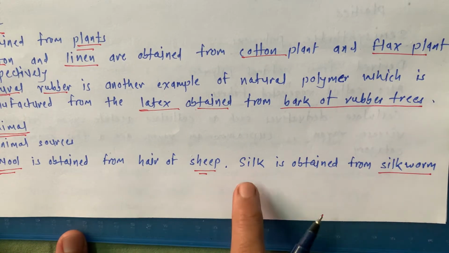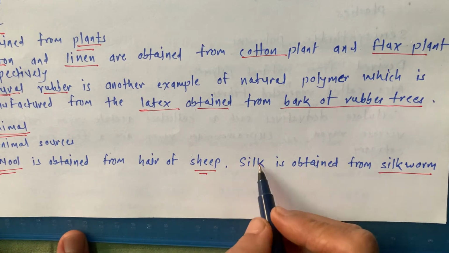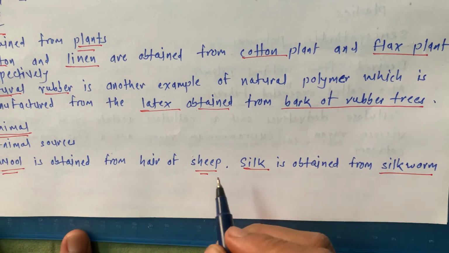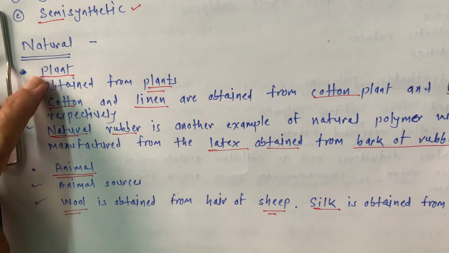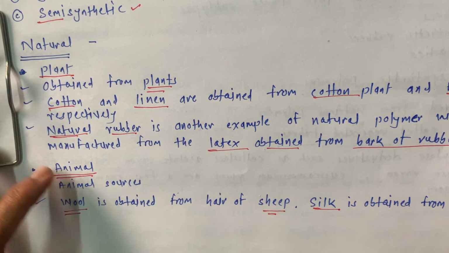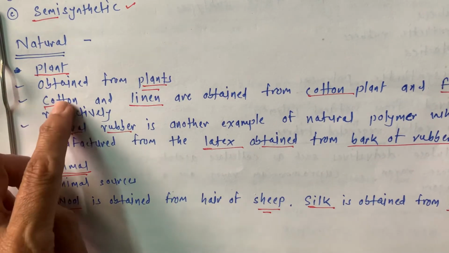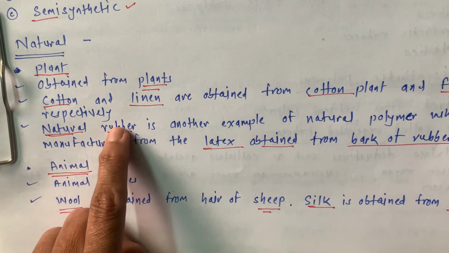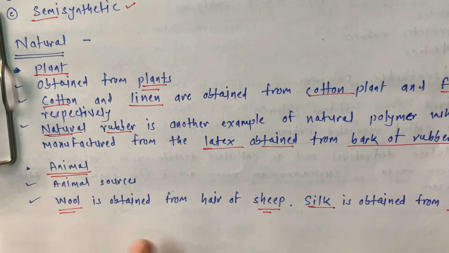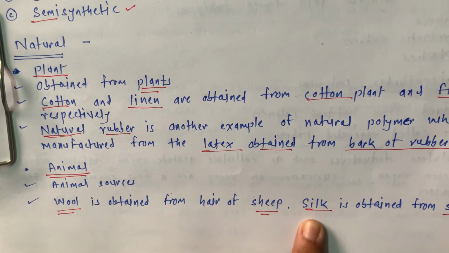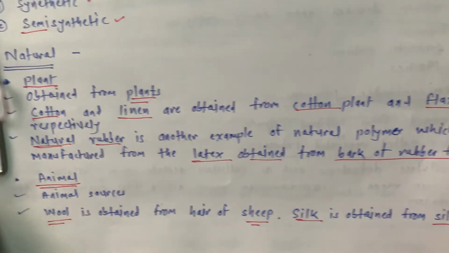From the silkworm we obtain silk. So in natural there are two classes, plant origin and animal origin. From plants we get cotton, linen and natural rubber, while from animal sources we get wool and silk.